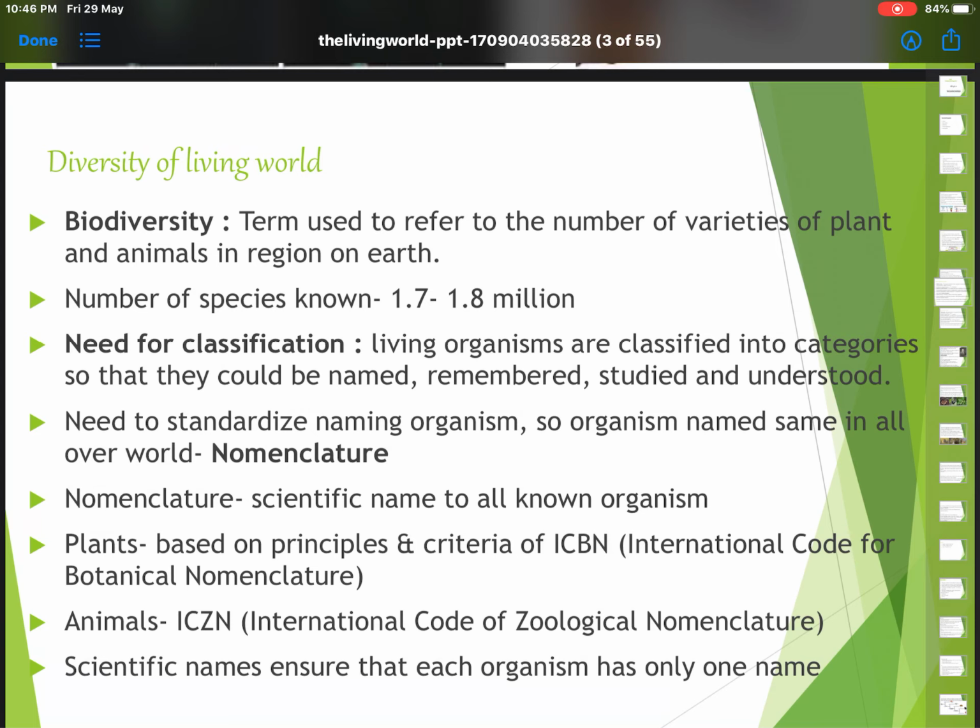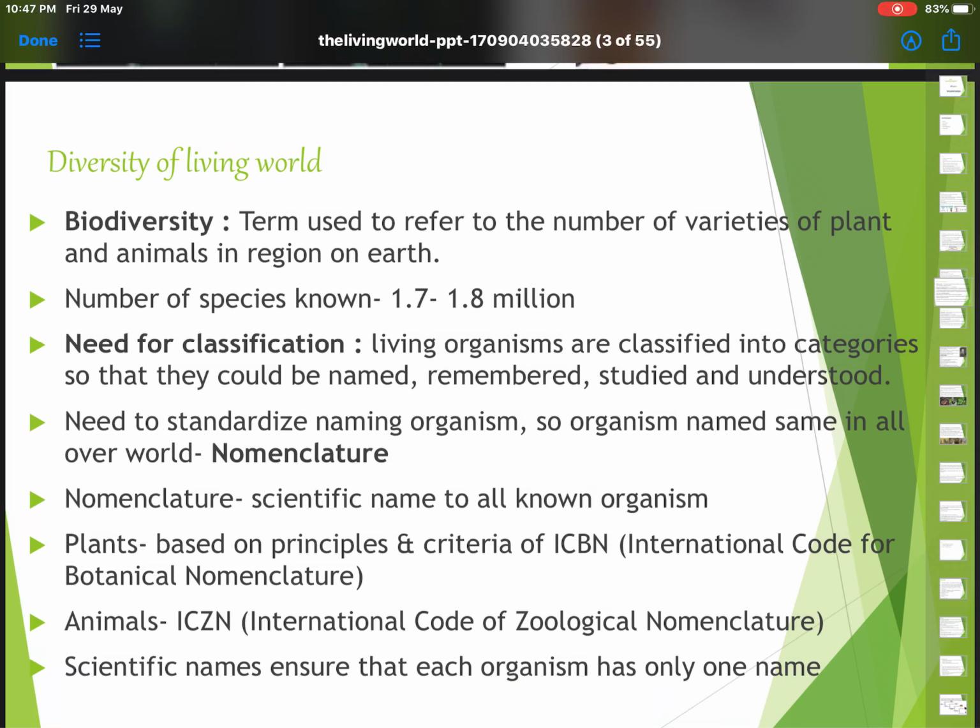To start with, we need to give a name to a plant or an animal or any living organism. There is a set of rules to be followed when we give names, and this process or method of giving names is nomenclature. It is the science of providing distinct and proper names to organisms so that they can easily be recognized and differentiated from others.